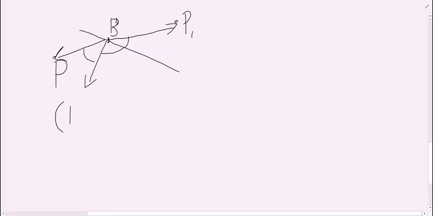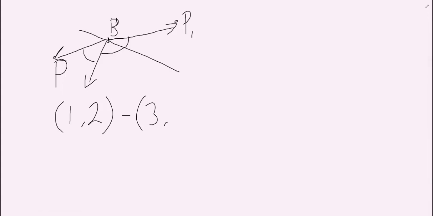Yeah, we take P, 1, 2, minus 3, 7. If we do it the other way around, we'll get the reverse answer, seeing as the vector would then turn the exact opposite direction. So we have to make sure this is correct.